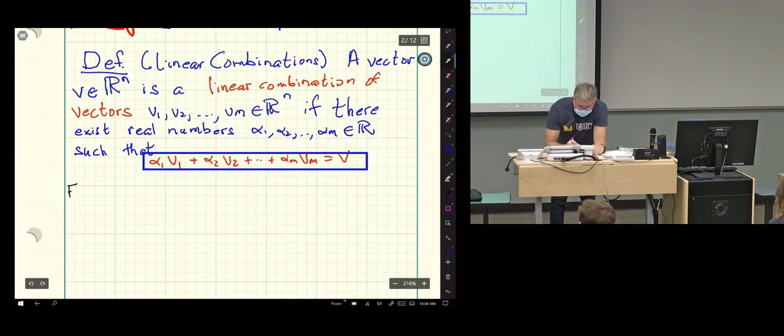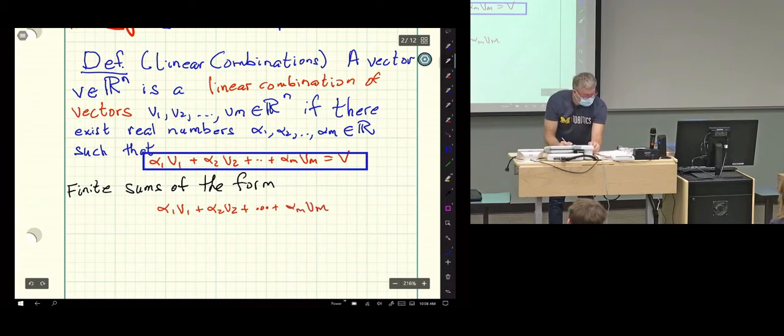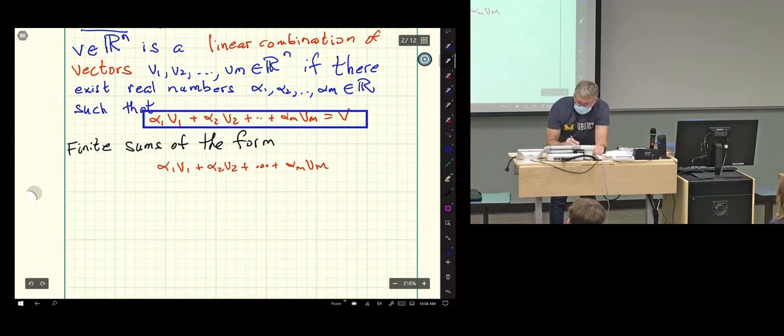Then finite sums of the form alpha 1 V1 plus alpha 2 V2 plus ... alpha m Vm, finite sums like that are called linear combinations.